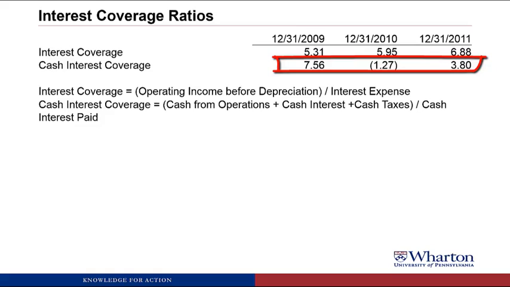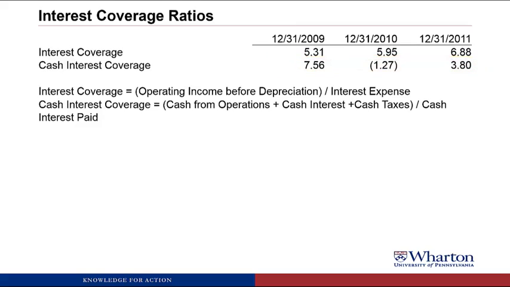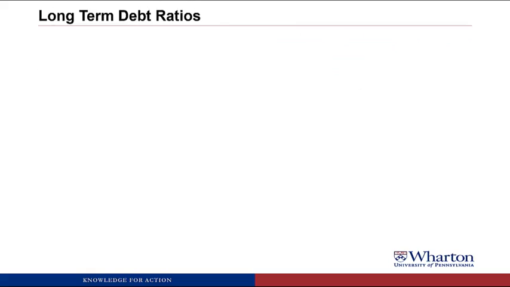But the current ratio is 3.8, which means that Plainview's operations are generating 3.8 times as much cash as they need to cover their cash interest costs. So it looks like, in general, Plainview's in a good position in terms of generating cash to cover its interest obligations. Now we're going to look at long-term liquidity ratios.